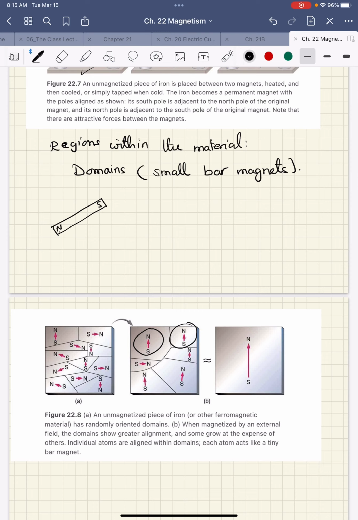Even the small atoms act as tiny bar magnets, with a direction for magnetism, and we can make the material a permanent magnet if it is heated and then cooled or simply tapped in the presence of other magnets.